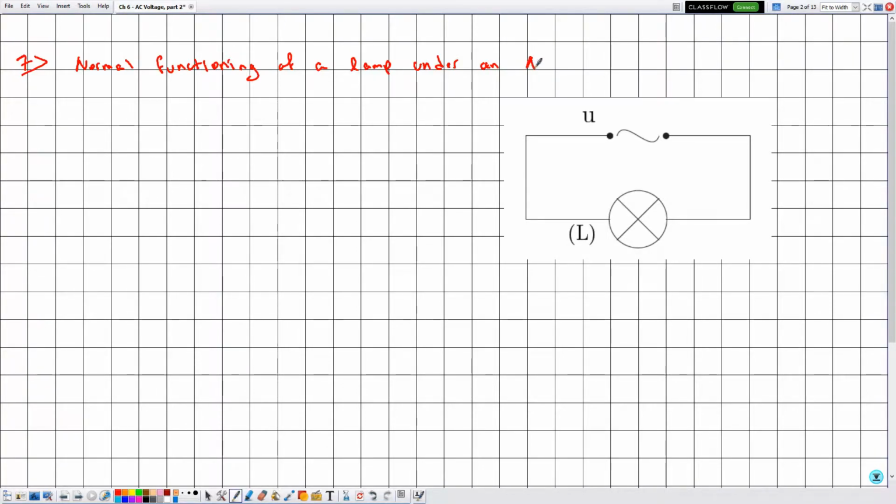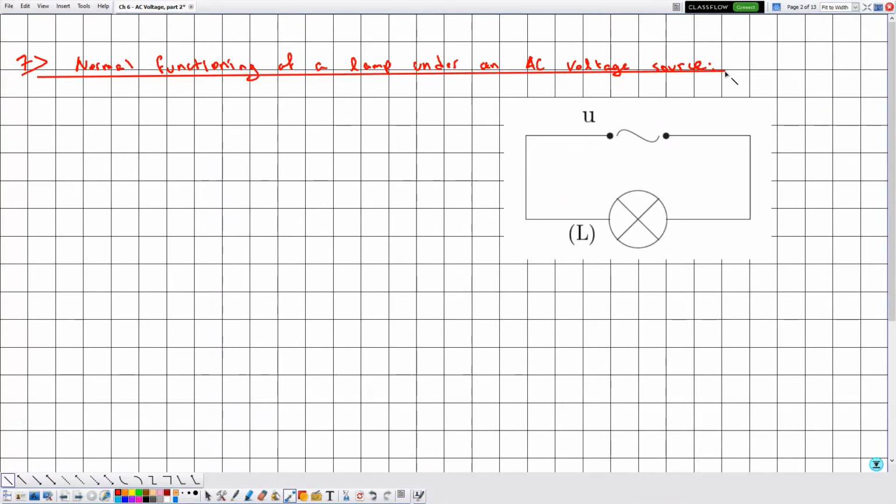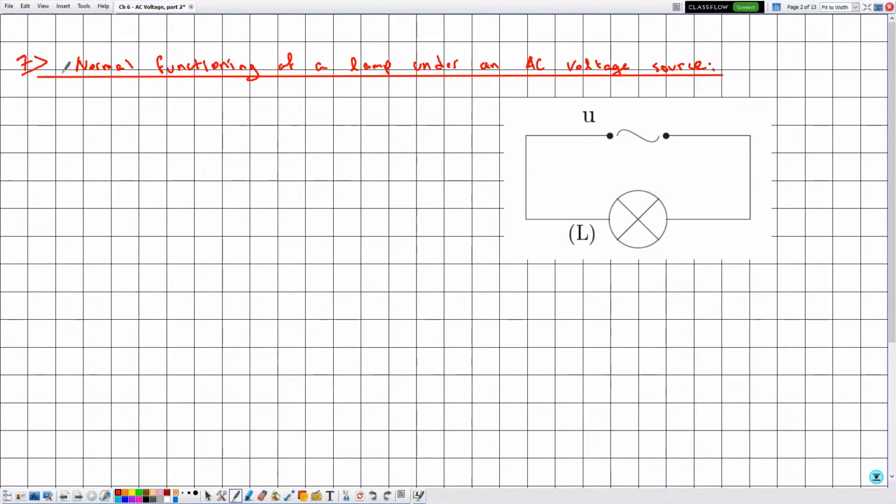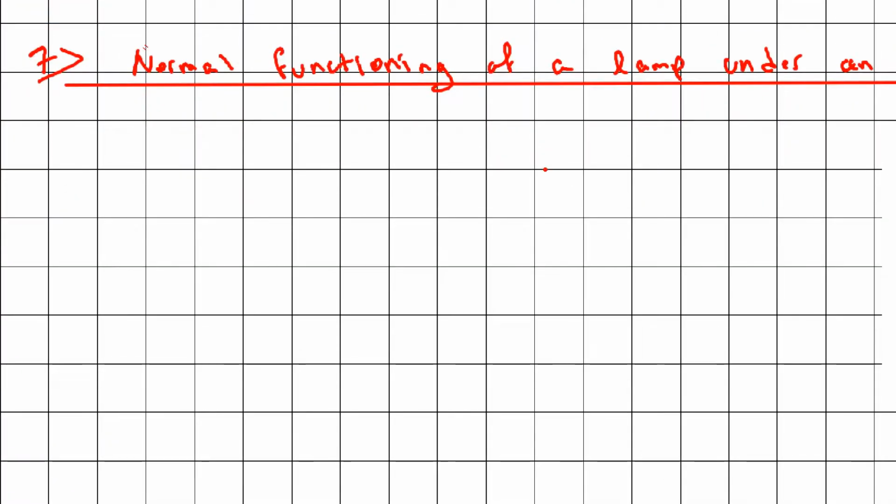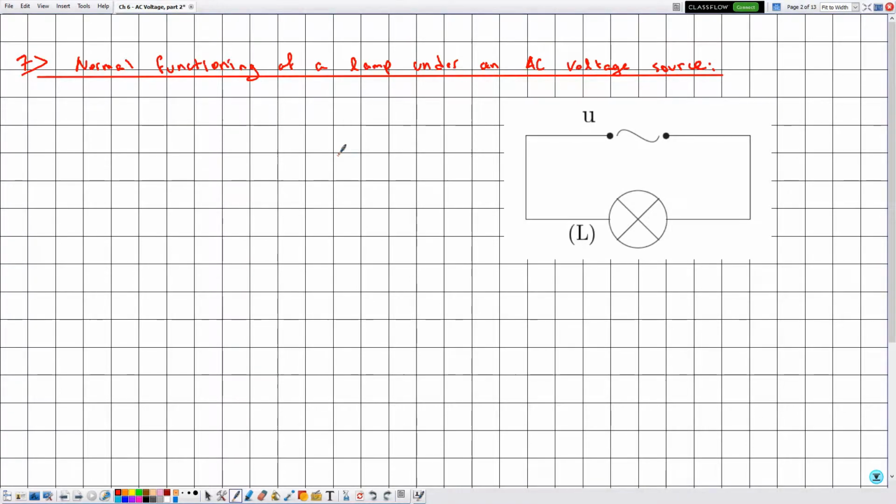The title is the normal functioning of a lamp, not necessarily a lamp but any other electric component. Whenever we want to describe the functioning of the lamp, this is done by comparing the applied or traversed voltage, current respectively, to the rated values of the lamp.